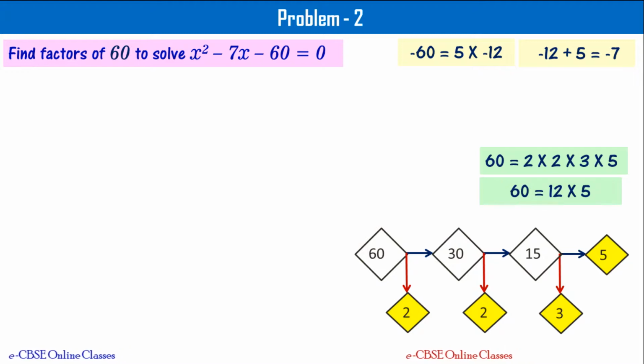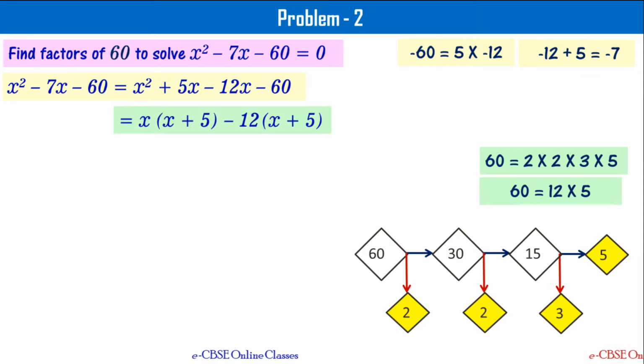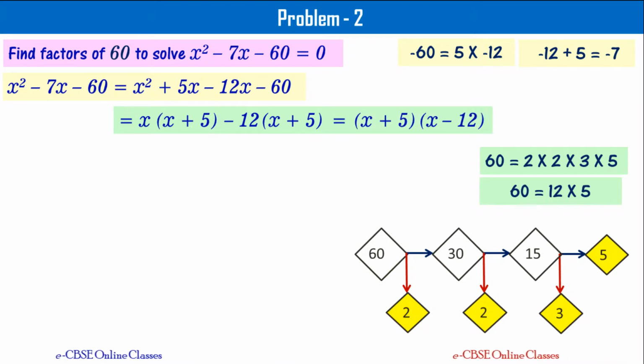So we can now split the middle term, that is minus 7x, such that we can write the equation as x square plus 5x minus 12x minus 60. If I take x as a common factor from first two terms and minus 12 as common factor from last two terms, what I get is this. And this can be further rearranged to write it as x plus 5 times x minus 12, right?